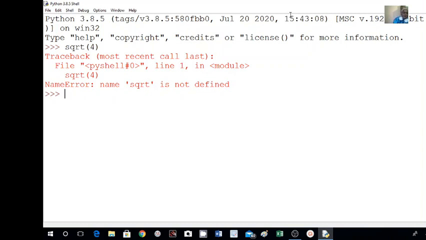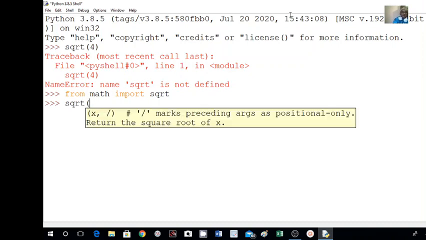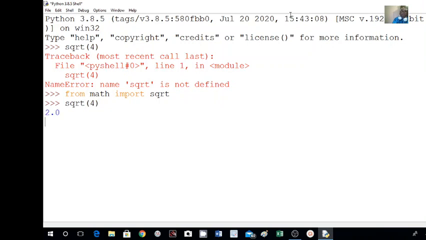What I will do here is write like this: from math import SQRT, enter. Now we write SQRT say 4. Okay, now I am getting the answer. Here I have imported square root from math.